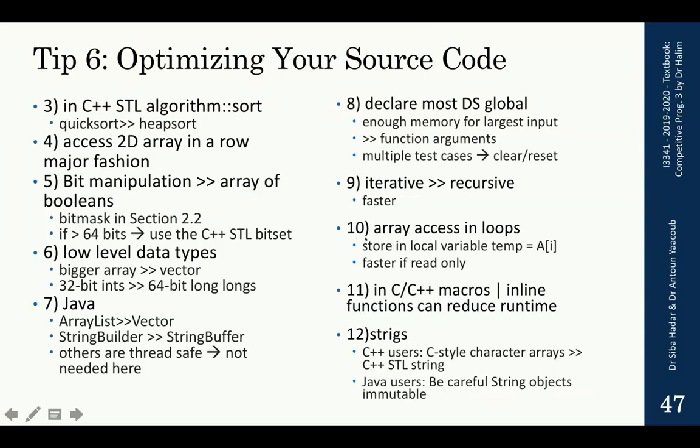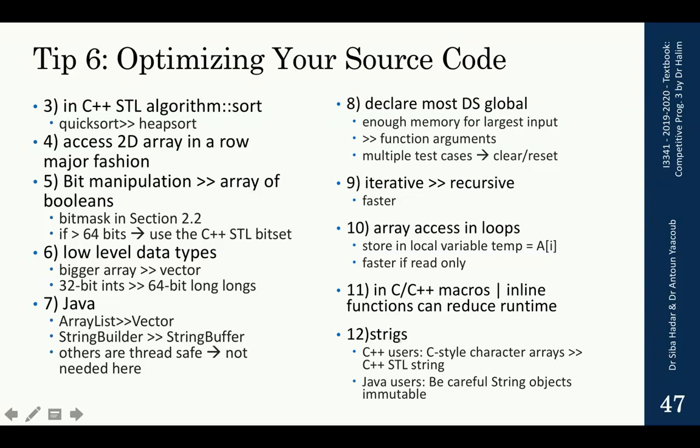And point number 10, array access in loops. If you are not changing the element value, just store it in a temporary variable. It is faster to read it if there are nested loops and you are using this value in many loops. And point number 11, in C and C++, macros and inline functions can reduce runtime, so they are faster than ordinary functions.